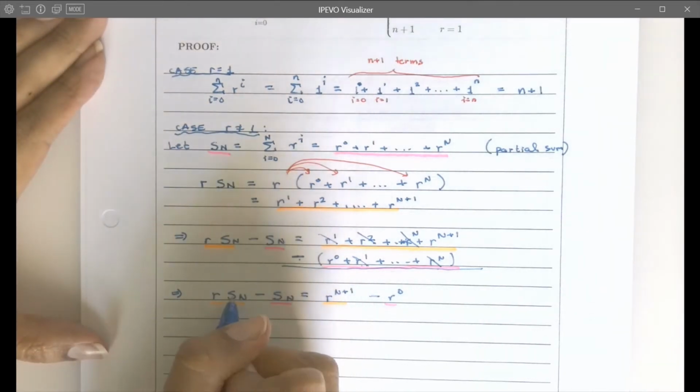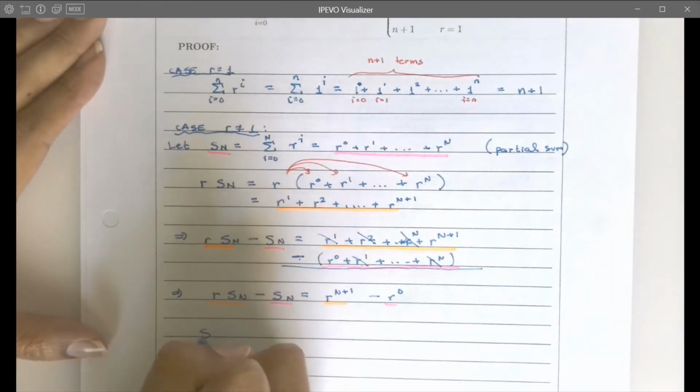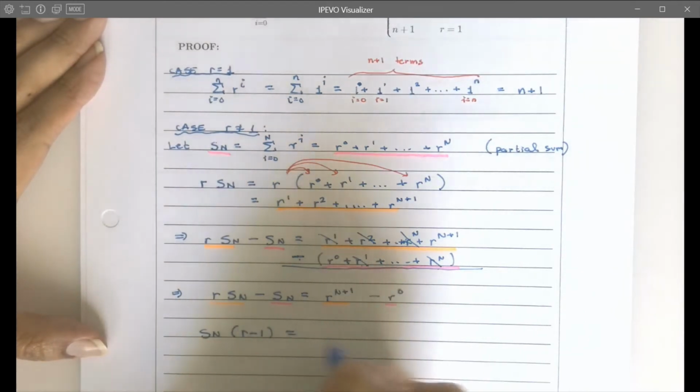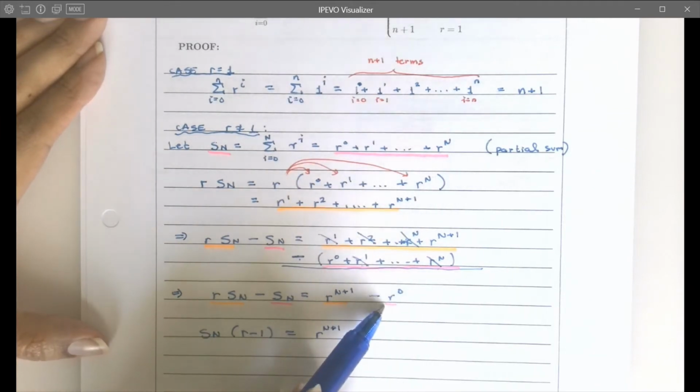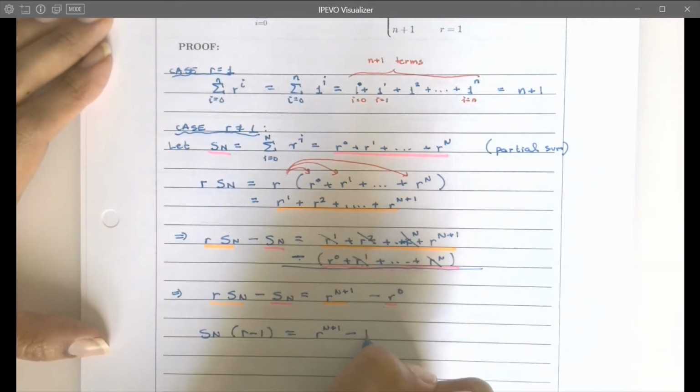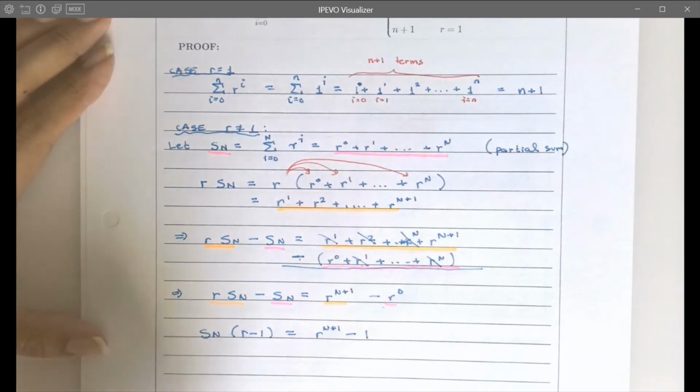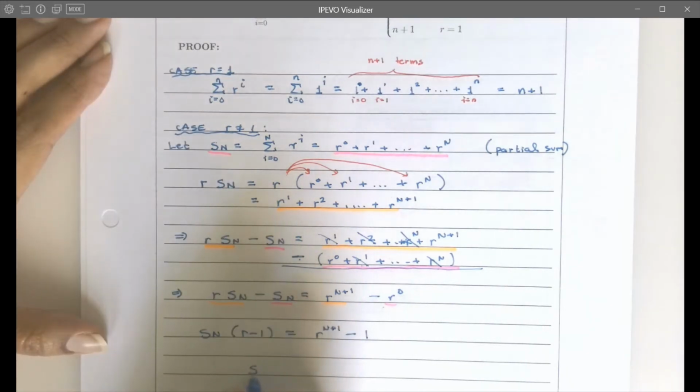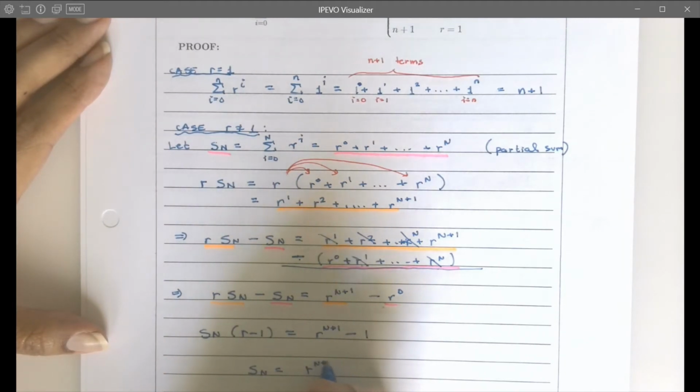We can think of this as just being a number, and we can factor it out to get Sn times r minus 1 is equal to r to the n plus 1 minus, I'll go ahead and replace this r to the 0 with 1. And then if you divide both sides by r minus 1, you get that Sn is equal to r to the n plus 1 minus 1 divided by r minus 1.